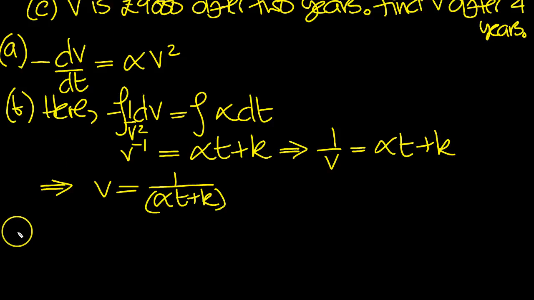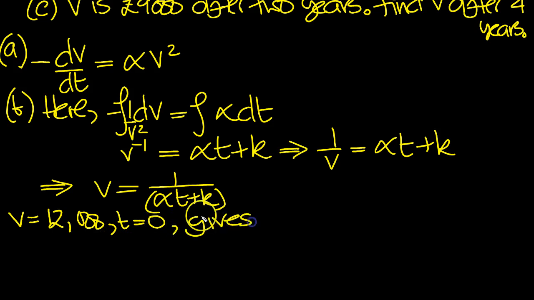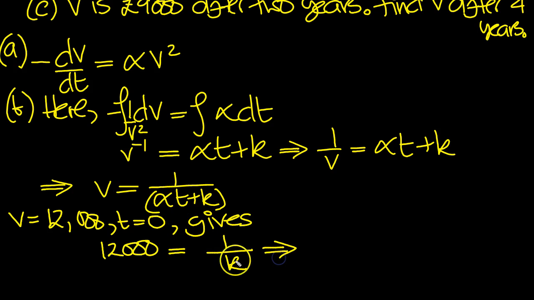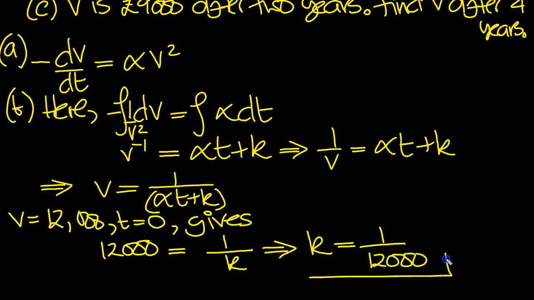So v equals 12,000 when t equals 0 gives 12,000 is equal to 1 over, when t is 0, 1 over k. So that tells us then, move the k up to times the other side and move the 12,000 down. 1 over 12,000, and that's k.